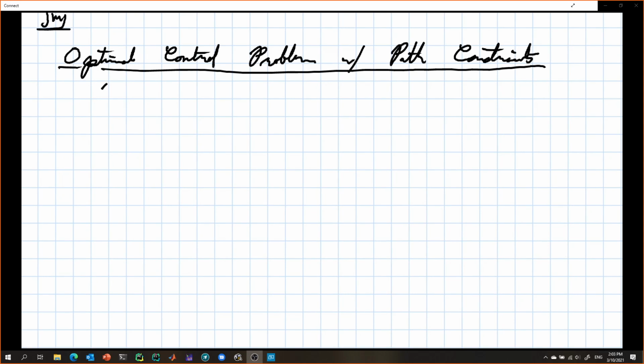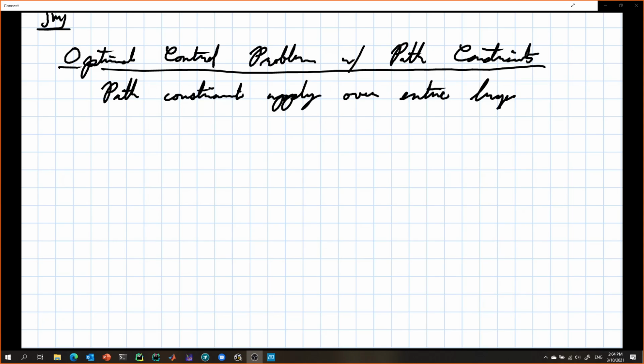Generally, path constraints apply over the entire trajectory. So it's kind of our definition here.